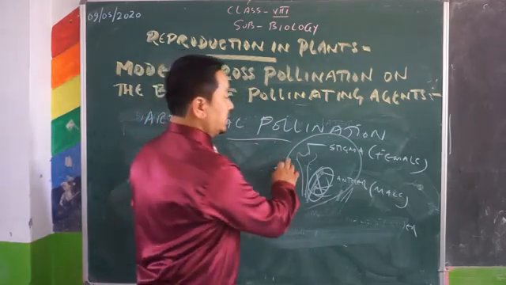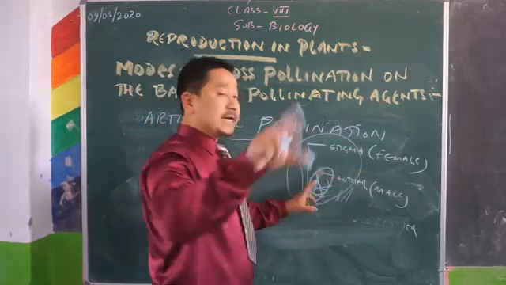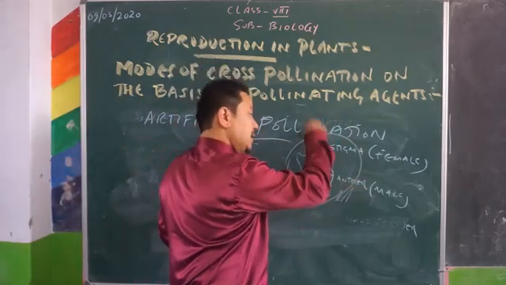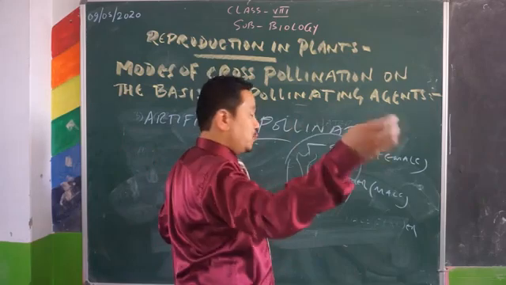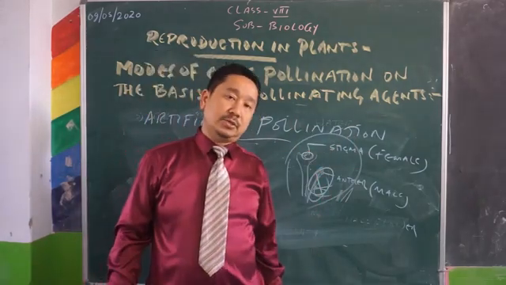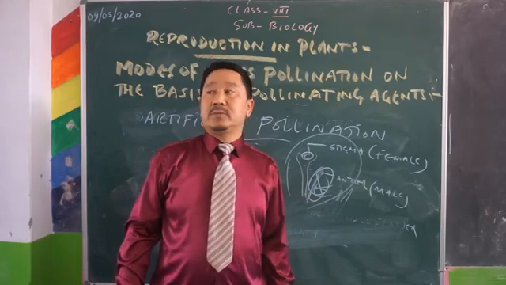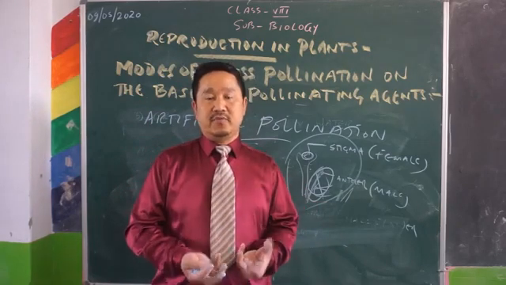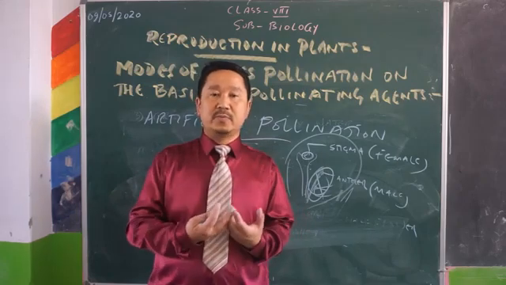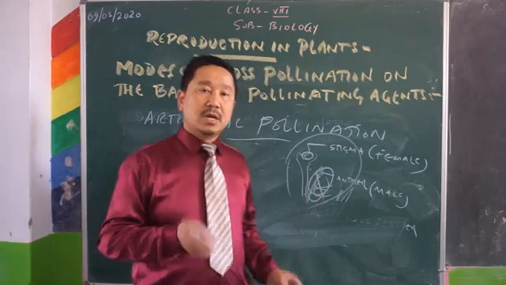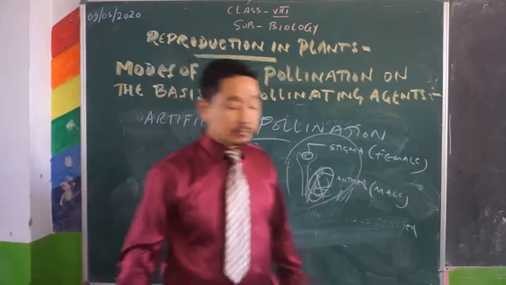Then afterwards, they bring the pollen grains from the desired variety of plants, open the cover, and sprinkle those pollen grains here, so that cross-pollination can take place. So this is called artificial pollination, where we interfere for our purpose, for our benefit, for our want.